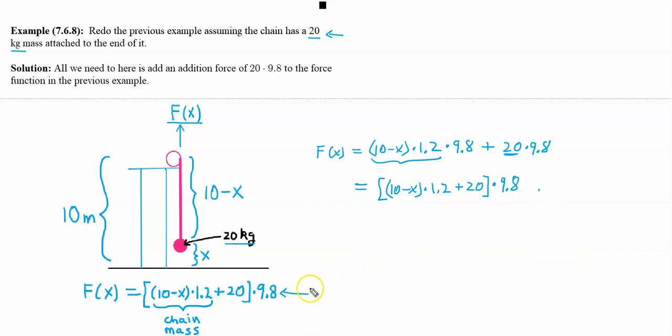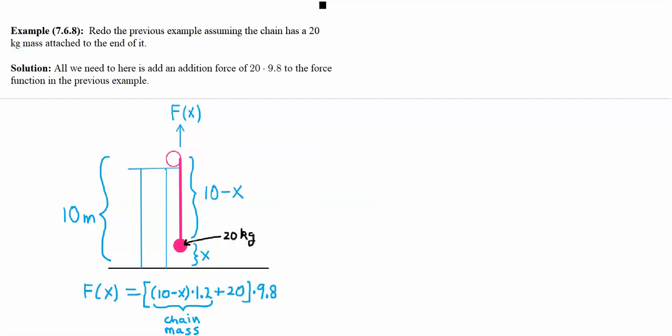Then the work is simply going to be the integral of this force function as x goes from 0 all the way up to 10. That's what we have down here. Let's scroll downward.